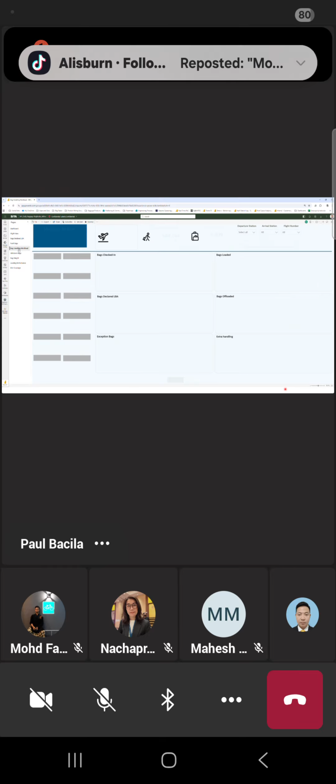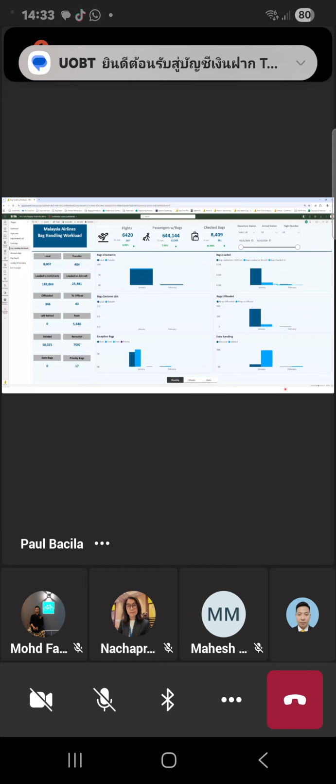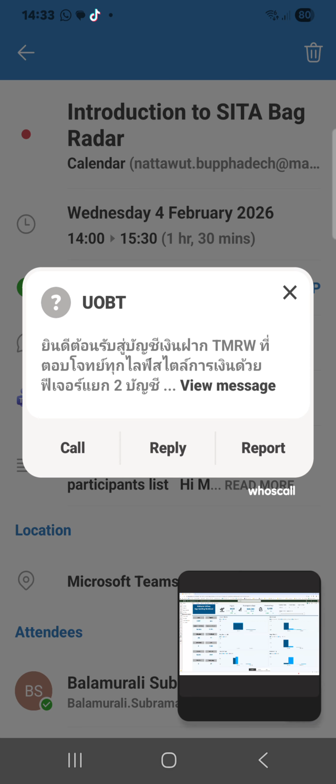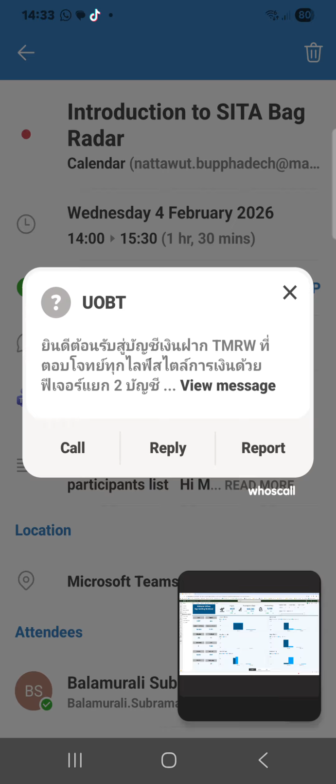Then we have the bag handling workload. Here is a deep dive in more detail about the bags handled. You can see KPIs related to local bags and transfer bags, and how many bags were loaded to the carts, loaded to the aircraft, offloaded, left behind, rushed, and so on. Again, we have a set of data which we present in different sets of KPIs to extract value out of it, right?